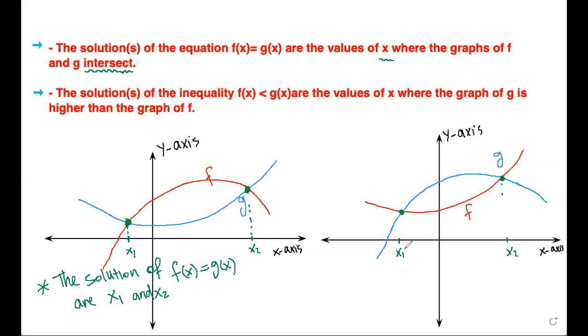This is my solution for this inequality, starting from x1 up to x2. So the solution of f of x less than g of x starts from this point, but this point is not included because this point makes both functions equal. So we exclude it: x1, comma, x2.